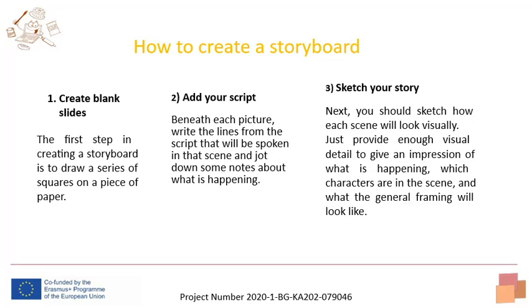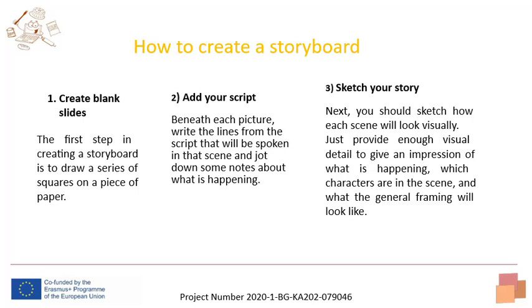Create blank slides. The first step in creating a storyboard is to draw a series of squares on a piece of paper. Add your script beneath each picture. Write the lines from the script that will be spoken in that scene and jot down some notes about what is happening.